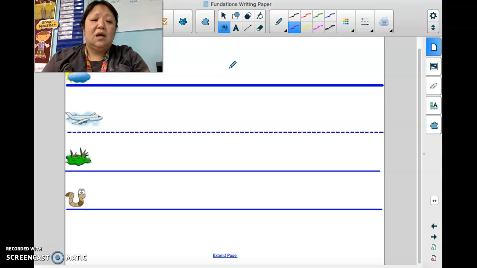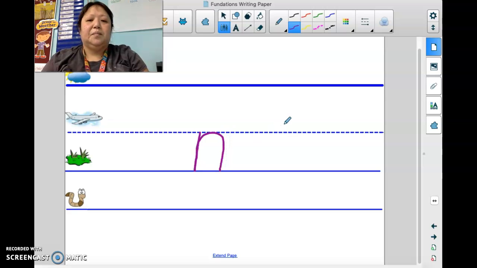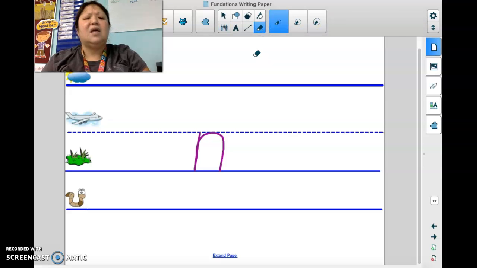Pen ends with the n sound, which is the letter N. N starts at the plane line, goes down to the grass line, traces back up to the plane line, and over the hill to the grass line. N. If you didn't have an N for the end sound of pen, take a second and write that down now.